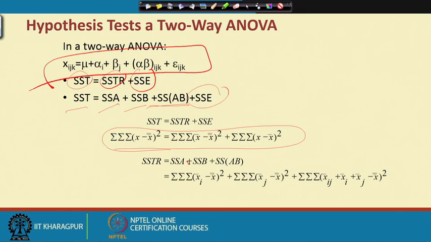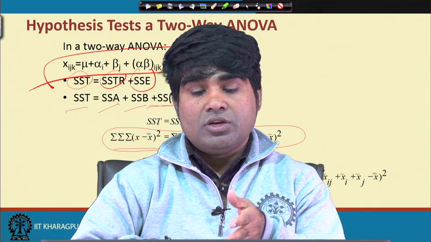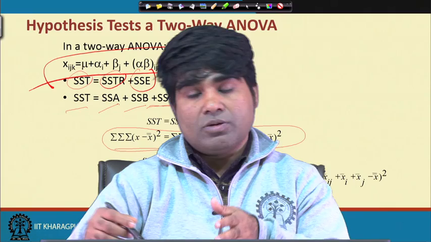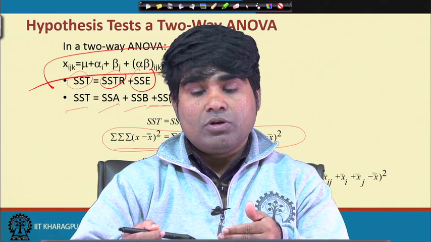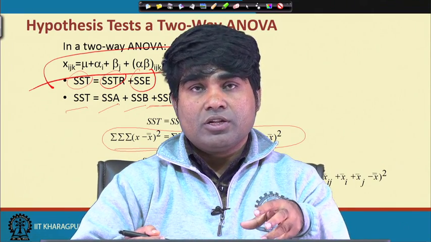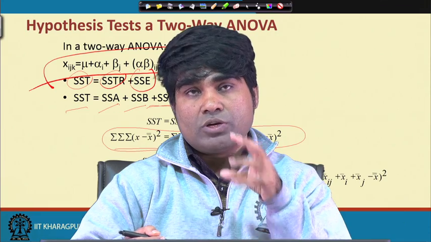Now, with the help of this data, you have to find out the variance for factor A, factor B, and for the interactions, and then the error component, and if you add all together, then you will get the total sum of squares.